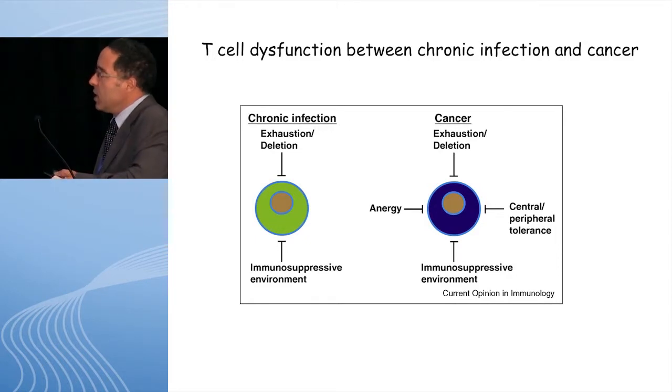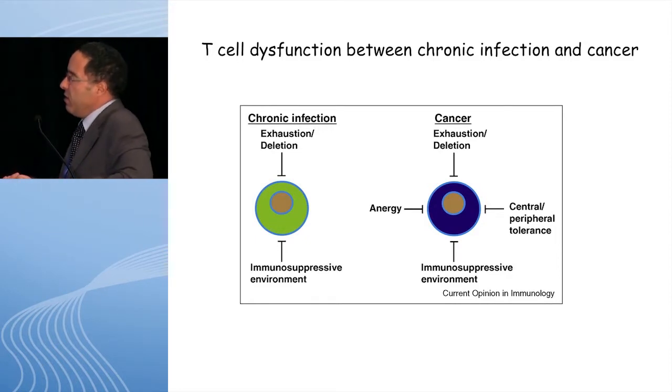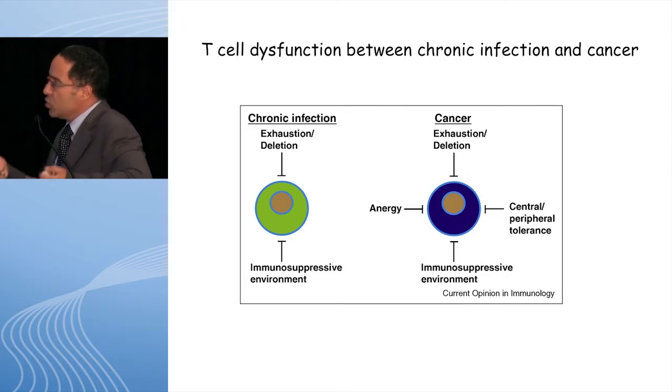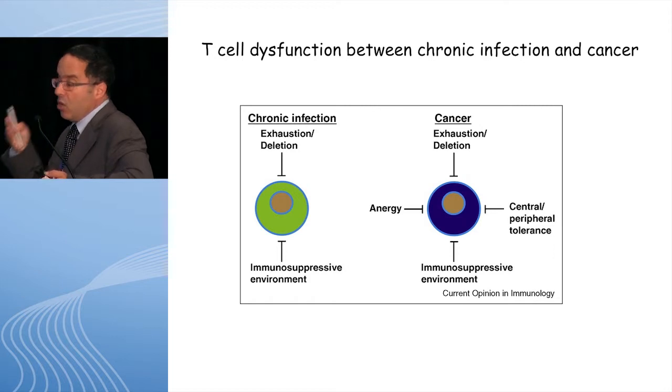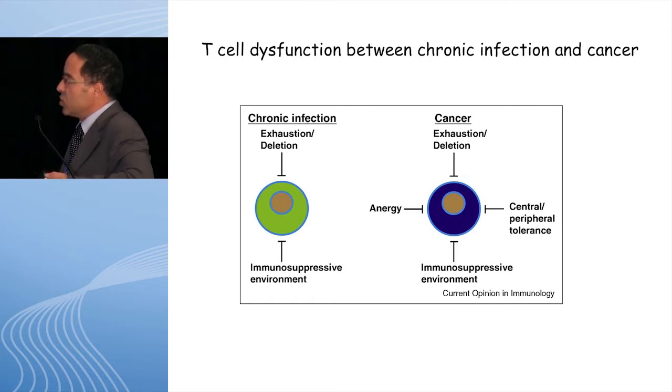When somebody thinks about chronic infection and the mechanism leading to T-cell dysfunction, I talk about exhaustion, the chronic stimulation by antigen that induces T-cell dysfunction. And there are in the environment a number of immunosuppressive elements, which are the regulatory T cells, the myelosuppressive cells, the cytokines. And we found also that in cancer, there is chronic activation of T cells with huge exposure to antigen. The immunosuppressive environment is there.